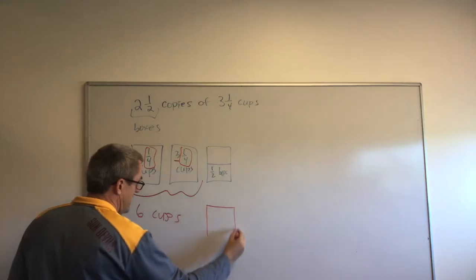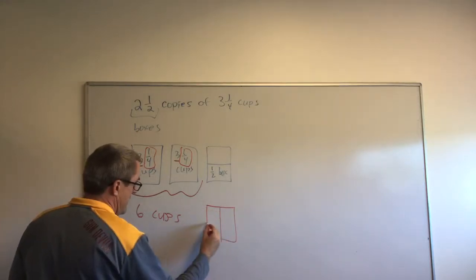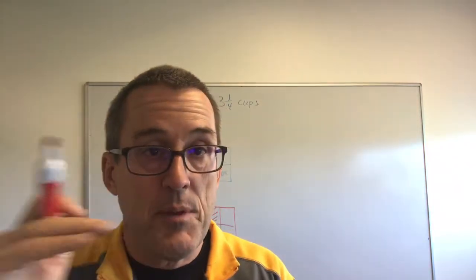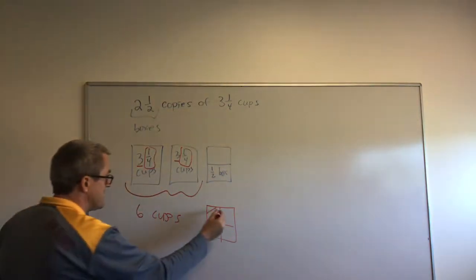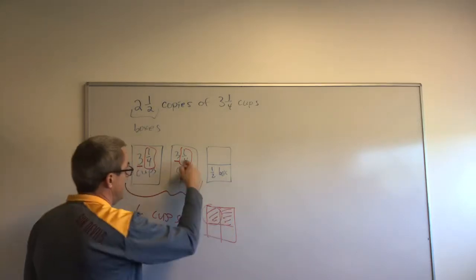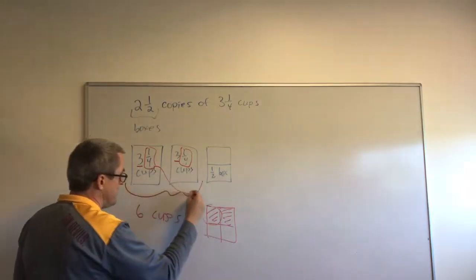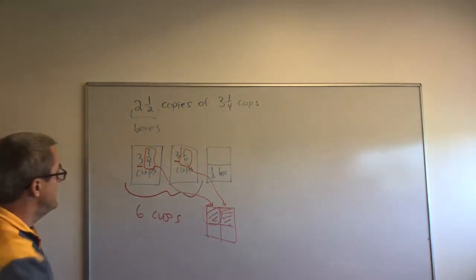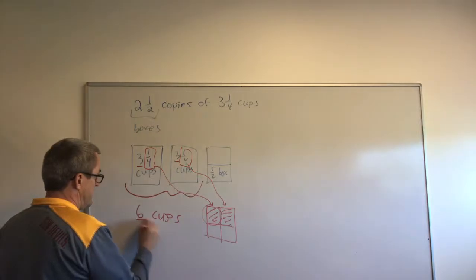So here's a cup. There's 1/4 of a cup. Take a whole cup, cut it up into 4 equal pieces. Each piece is called a 1/4. So there's a 1/4, and there's a 1/4. So imagine this 1/4 corresponds to that picture, this 1/4 corresponds to this picture. So we have 3 full cups, we have 3 full cups, we have 6 cups.